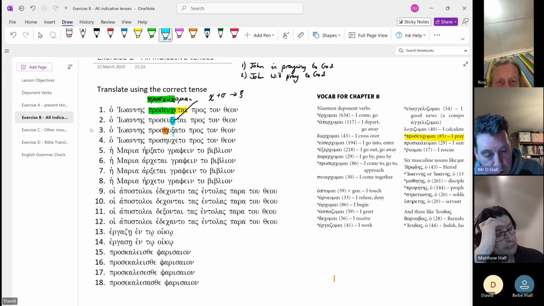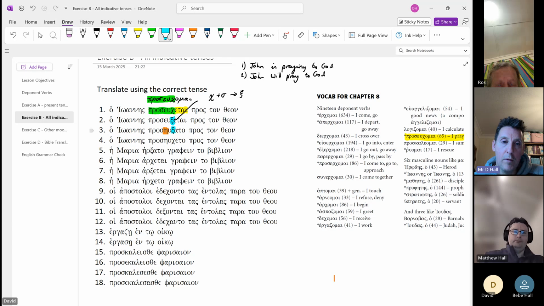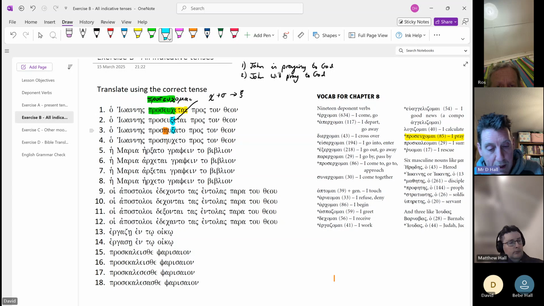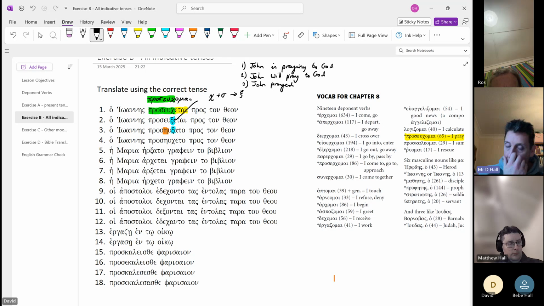So we have two little changes in our verb: an epsilon added to make the eta, and the sigma added, which changes the chi. And so we end up with this verb, proseuxato, however we might say that. But the point is, it's an aorist. So we'll translate number 3, because it's aorist, as John prayed to God.